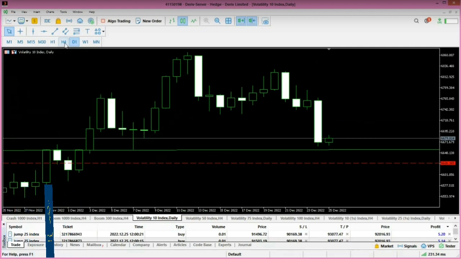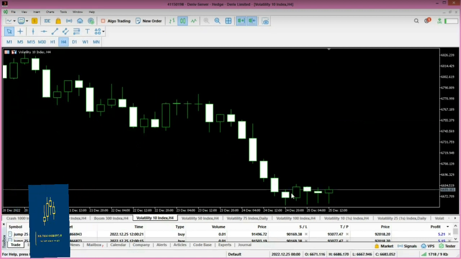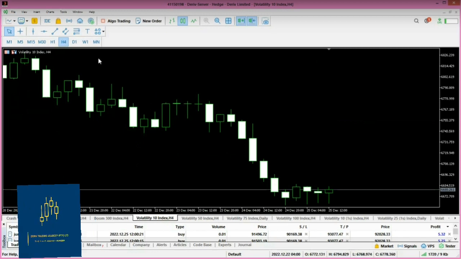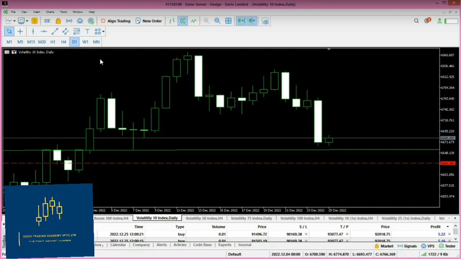Looking at our H4, you can see that it has been playing there for quite some time. We still haven't got that chance to get in, and I don't see it happening today. Maybe tomorrow, or maybe the day after tomorrow on Tuesday, we will have that opportunity to sell.